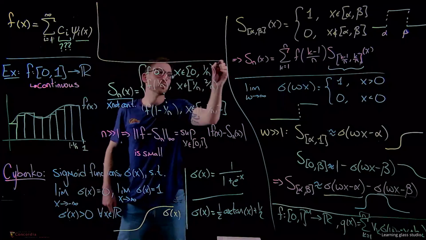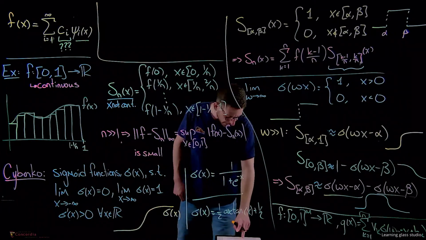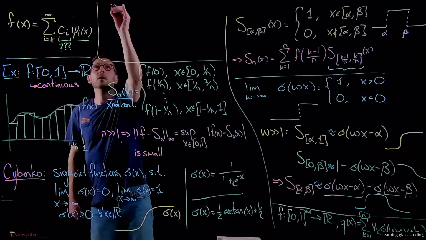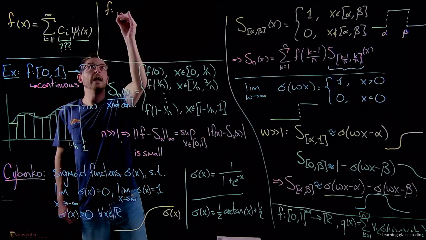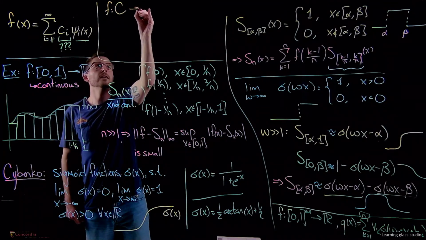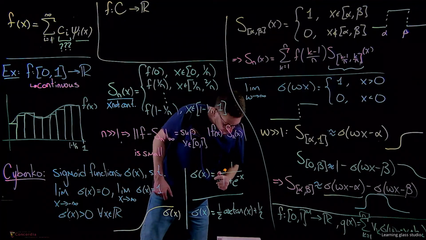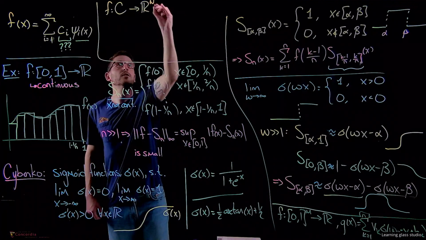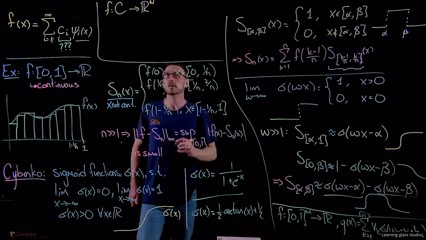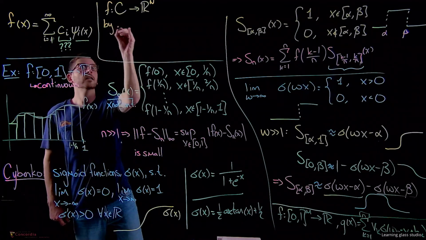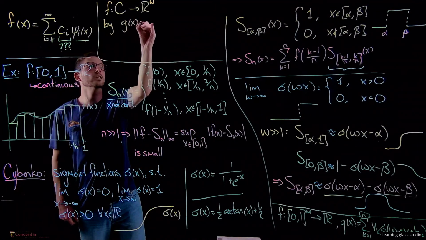Let me just squeeze it up here. You can actually do this for functions from any compact set C into R^N, capital N dimensional space, by a function g of x.